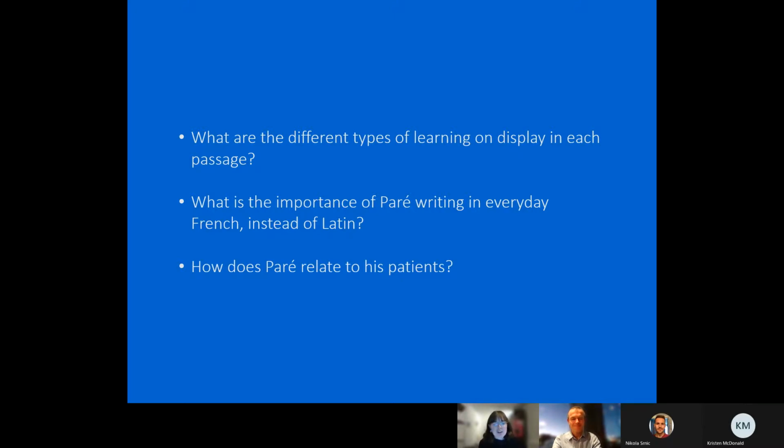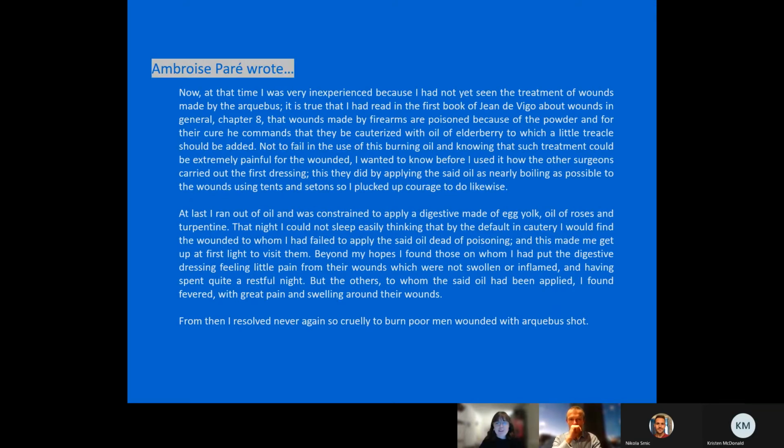So what are the different types of learning on display in each passage? Perhaps if we go back onto the passage so you can have a read while we're thinking about this. By types of learning, what I mean is what are different ways in which Paré knows what he's doing and makes a decision about what he's doing?